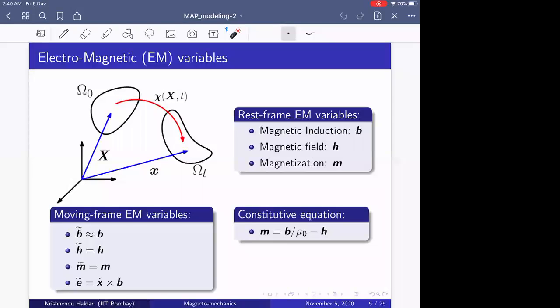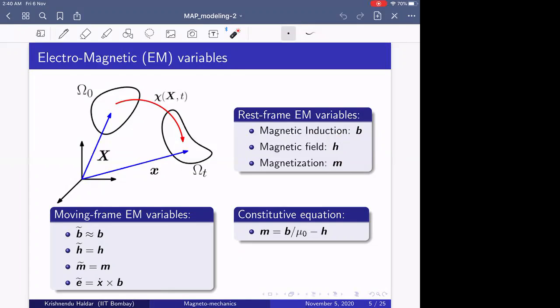Our rest frame variables for these magnetic materials are the magnetic induction B, the magnetic field H, and the magnetization M. These three variables we are considering, and as this is purely magnetic, we are not considering any electrical variable at all.